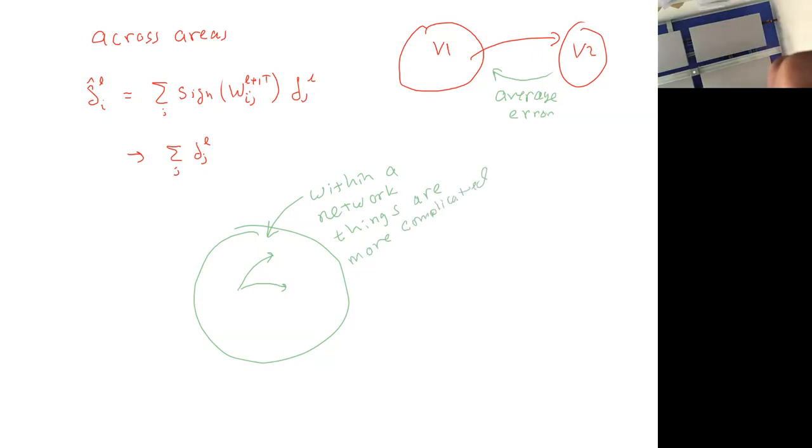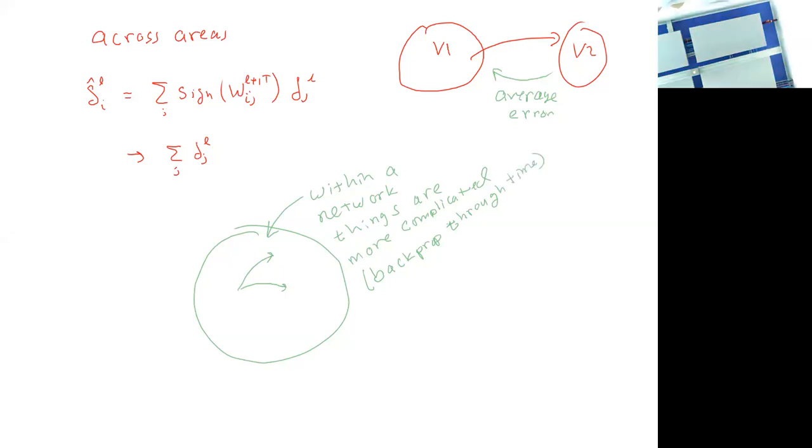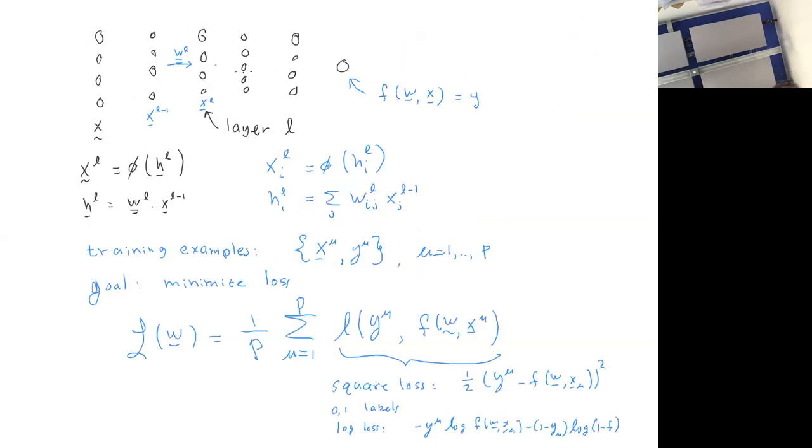So you have to run something called backprop through time, which is really just the same as backprop. You take your network that we wrote here, and instead of each layer being a layer, each layer is labeled by time. So this is time t, t plus delta t, t plus 2 delta t. You basically unroll the network. All the weights are the same. They're tied because it's really the same network. And you can derive backprop using that quite easily.